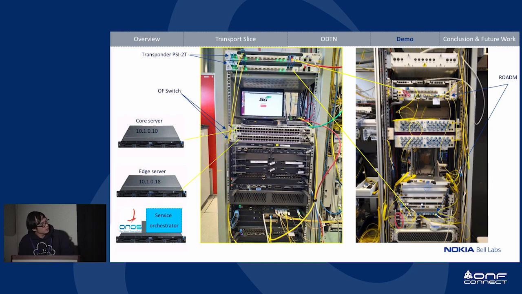Each OpenFlow switch is connected to the server for running the core services, with its IP address, for running the 5G core services, and the edge for 5G RAN. We have another server that will host the ONOS and the service orchestrator. Those servers are just behind the racks.